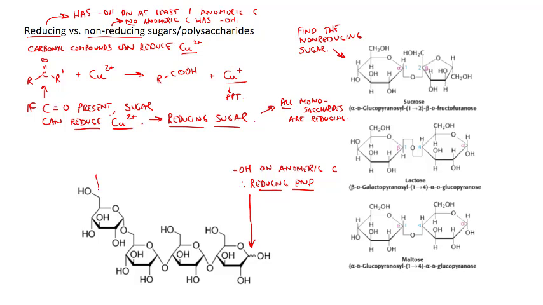The other end does not have OH on its anomeric carbon, right? There's the anomeric carbon, and you'll notice that there's no OH on it. So this is said to be the non-reducing end.